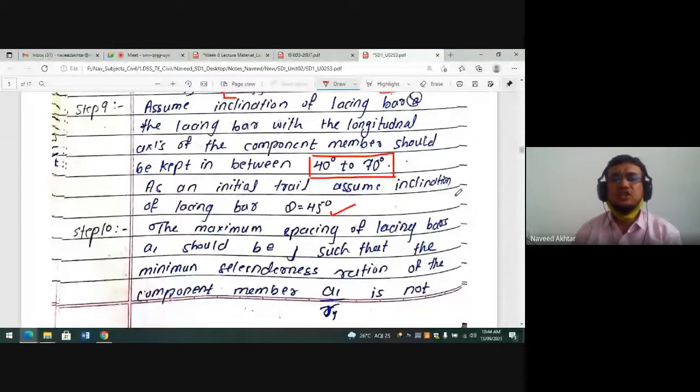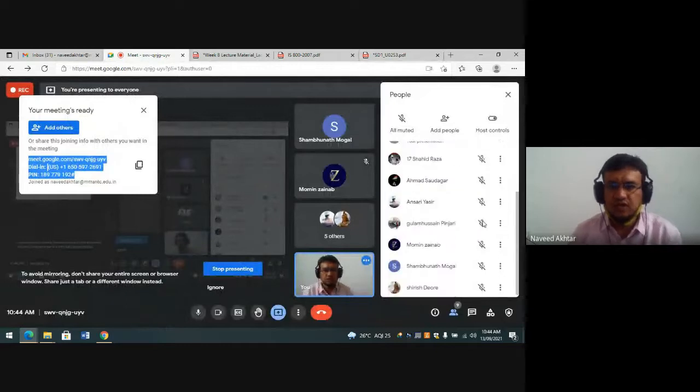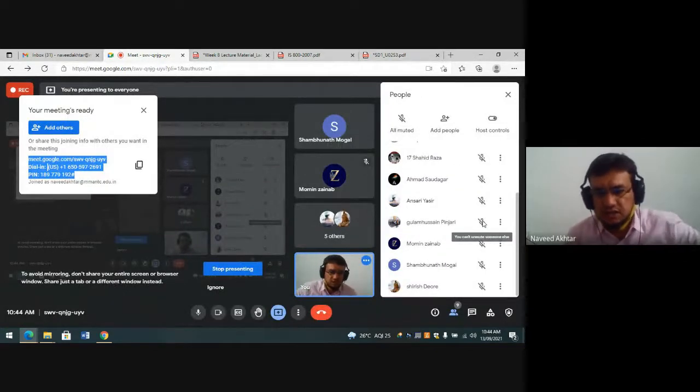Now you have to assume the angle of inclination. Generally we are going for 45 degrees. It is in between 40 to 70 degree. तो आप 50 डिग्री भी ले सकते हैं, 60 भी ले सकते हैं, but it should not be greater than 70 degree or less than 40 degree. Okay, so that's why you are going for this.